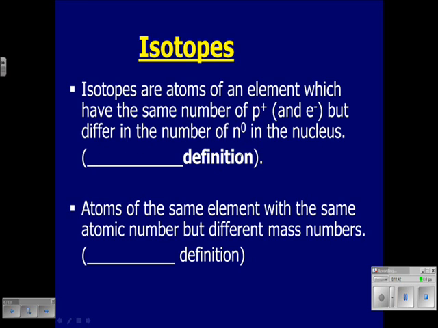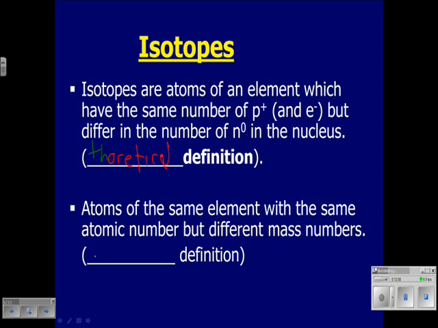Now, we've already talked in terms of different types of definitions. Because protons and neutrons cannot be seen, this is a theoretical definition. That's a horrendous spelling, let's fix that. Theoretical definition.